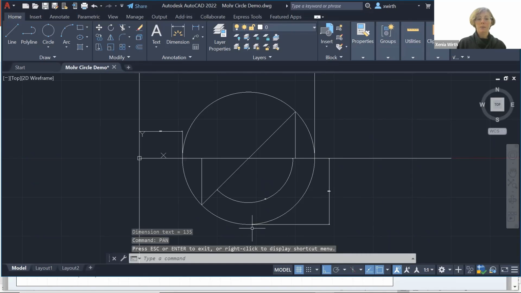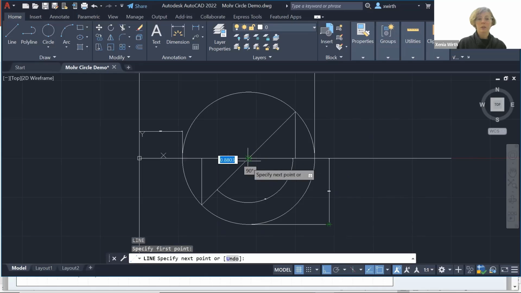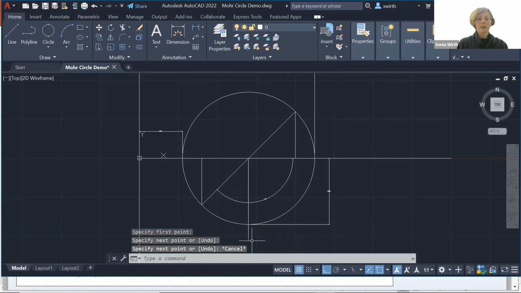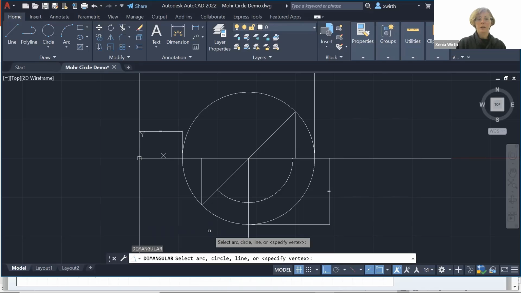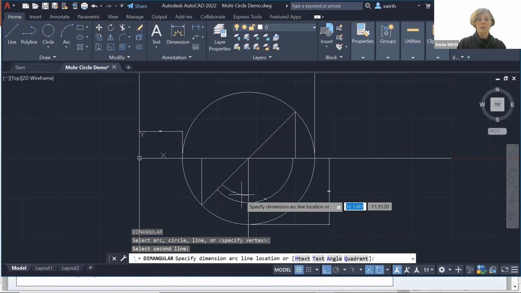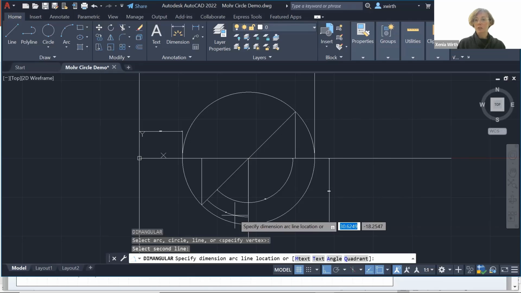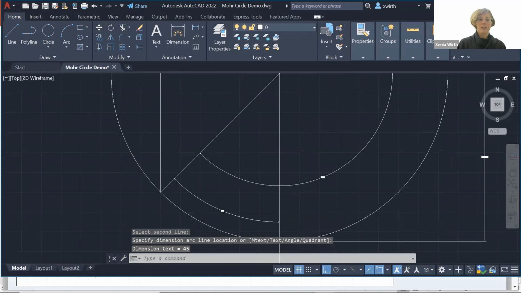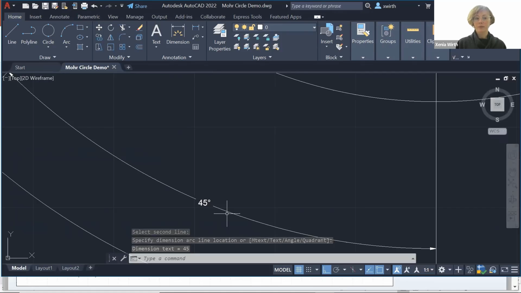We can use the same approach to determine the angle of the maximum shear stress plane. The maximum shear stress happens here, at the radius of the circle, at the maximum point on the y-axis. I'm going to create a line from the origin through, and this line represents the actual location of the maximum shear stress plane. I'm going to dimension again from my initial stress point here, the line that represents my initial stress state, to the line that represents my maximum shear stress plane. 45 degrees.